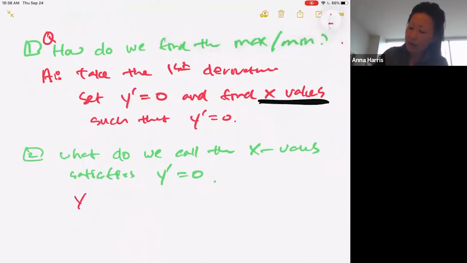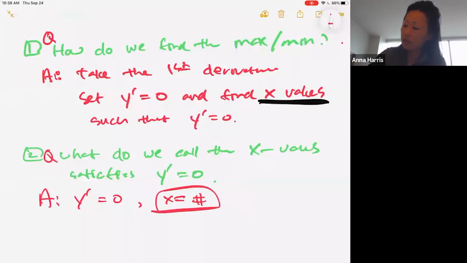When you set y prime equal to 0 to figure out the x number, that number, we call it what? That answer is: critical value.